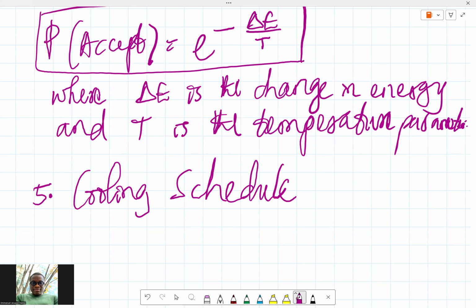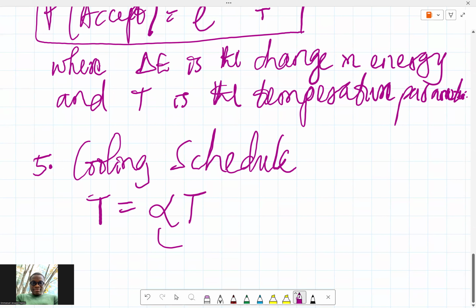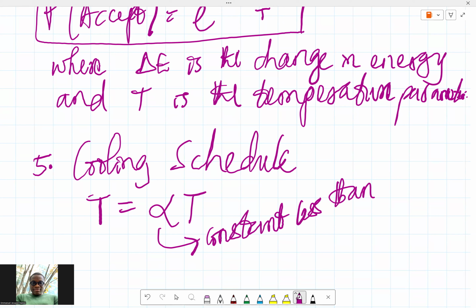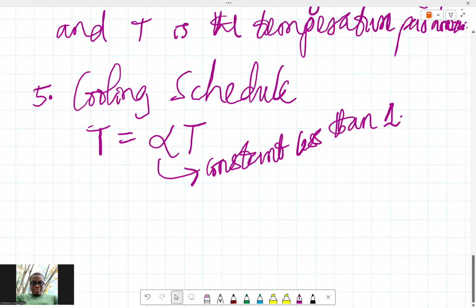The schedule could be something like T equals alpha T, where alpha is a constant less than one. That could be the cooling schedule, depending on what you choose. As the temperature decreases, the algorithm becomes less likely to accept worse solutions, focusing more on refinement rather than exploration. So that's the cooling schedule.